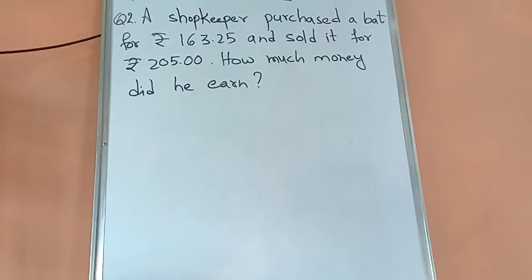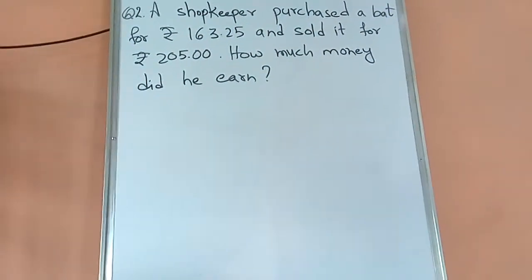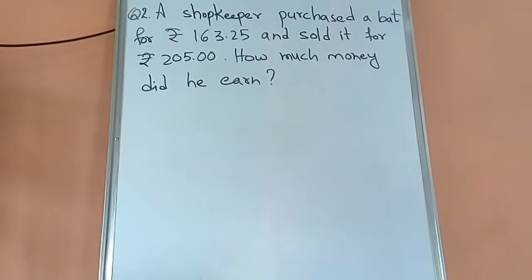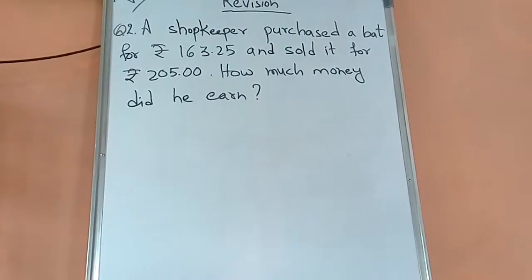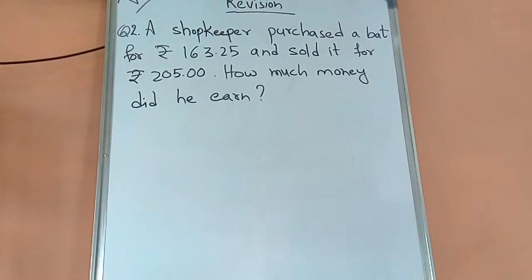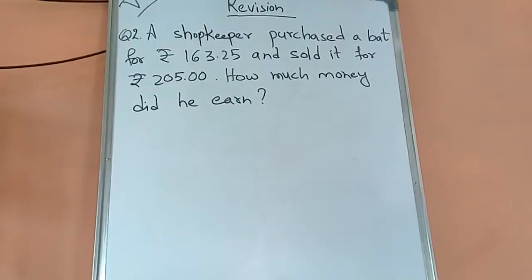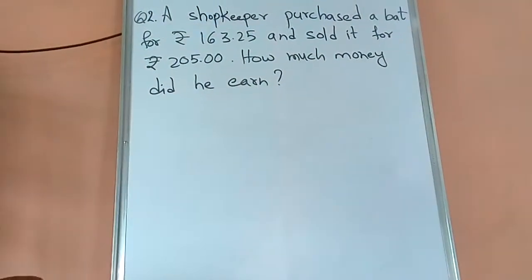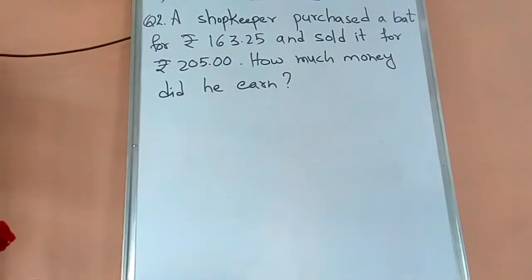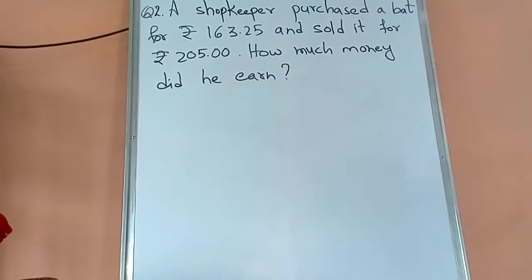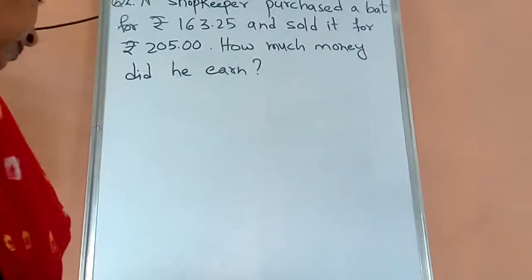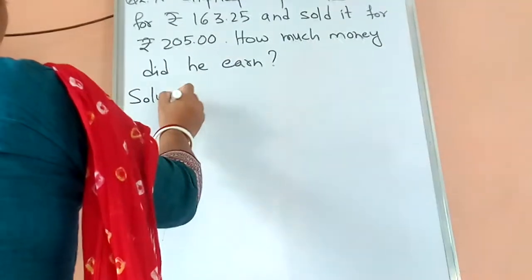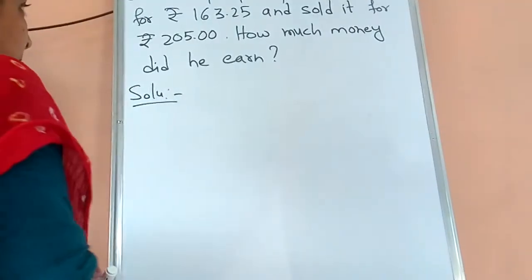Question number 2. A shopkeeper purchased a bat for rupees 163 and 25 paise and sold it for rupees 205. Now how much money did he earn? We have to find how much profit he has earned. So what will you write?